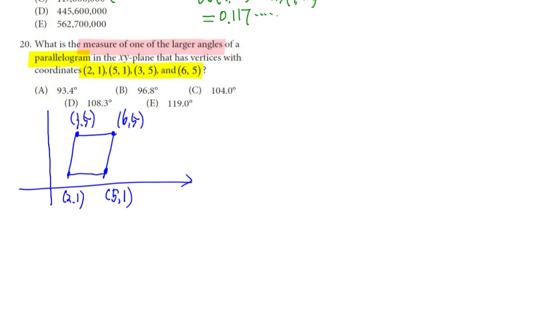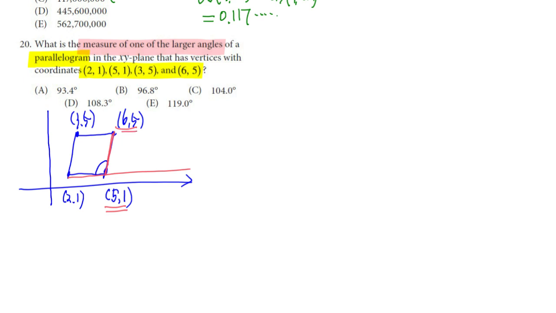And the question asks us what is the measure of larger angles. So definitely, judging from the picture, we need this one, right? We can use many different information, but I think we can solve this one by finding the slope of this one. What is the slope of this line connecting 5,1 and 6,5?